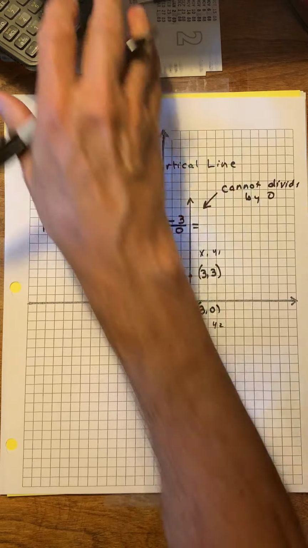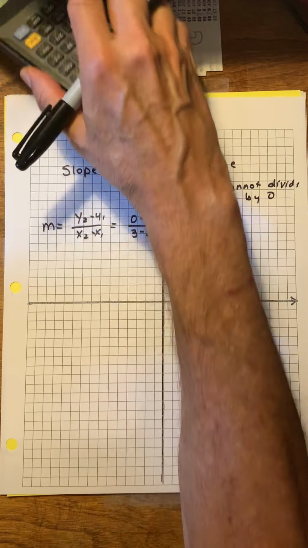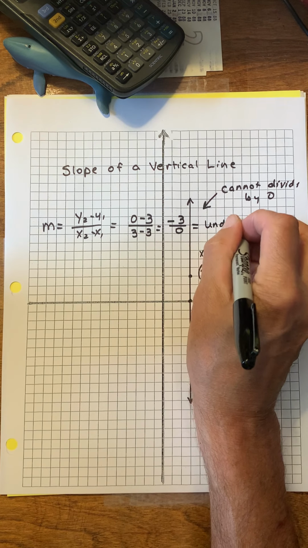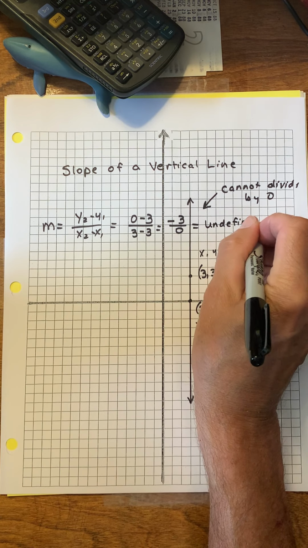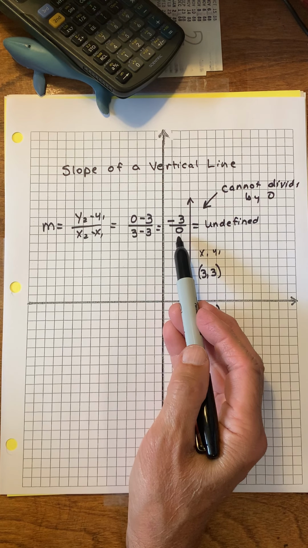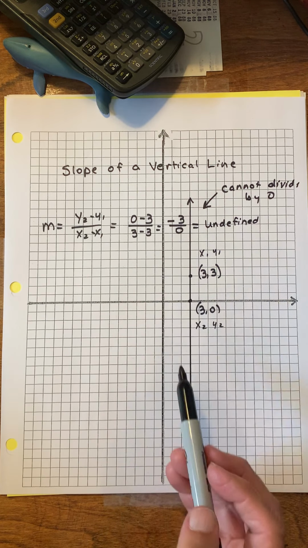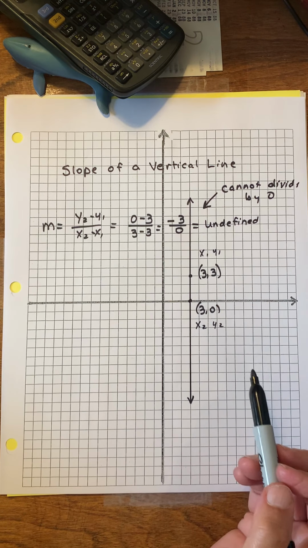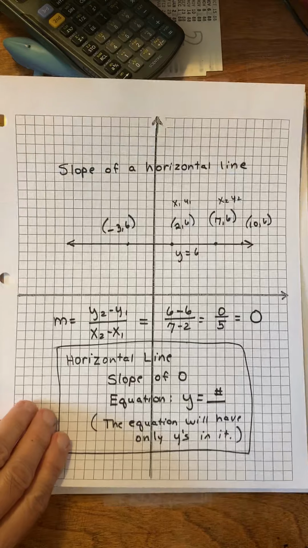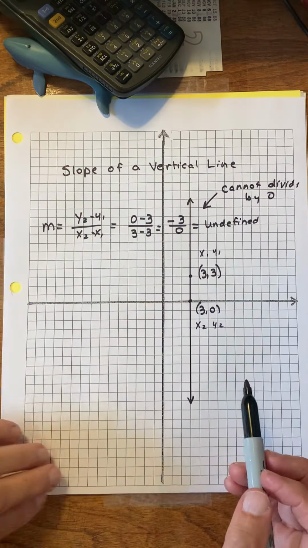It has no mathematical meaning. Error. So I get what's called an undefined slope. So when I have a 0 in the denominator, which I will always have with a vertical line, I get undefined slope. Horizontal line, slope is 0. Vertical line, slope is undefined.